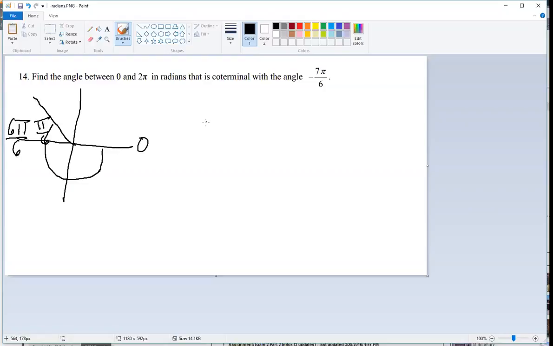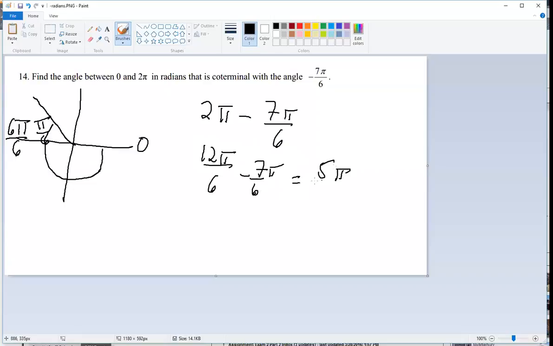There are a couple of ways to deal with this. I could think, I'm not even going a full rotation, so all I have to do is take away that negative 7 pi over 6 from the full 2 pi. That's 12 pi over 6 minus 7 pi over 6, which is 5 pi over 6.